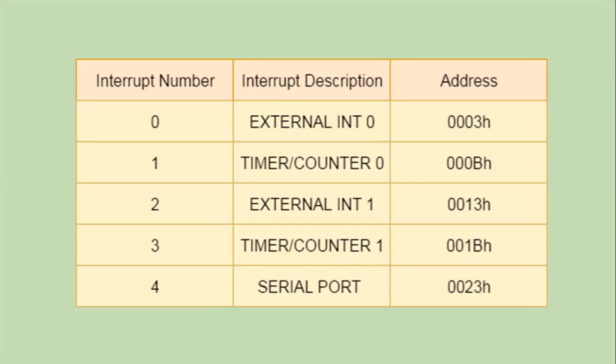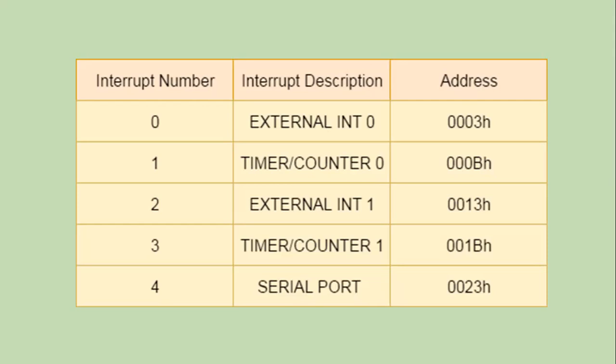The first priority is always given to external interrupt 0. The second priority is given to timer counter 0, third to external interrupt 1, fourth to timer counter interrupt 1, and then the serial port.